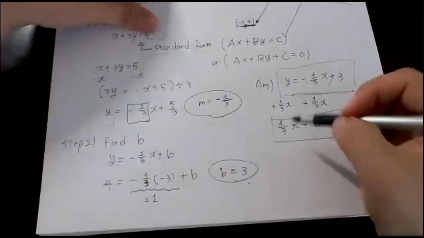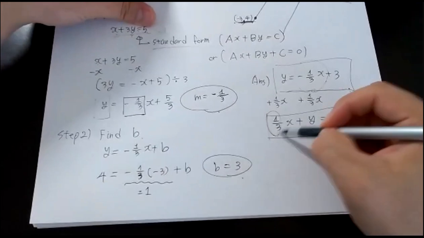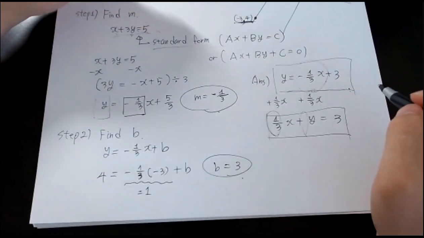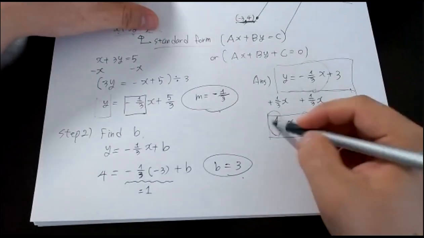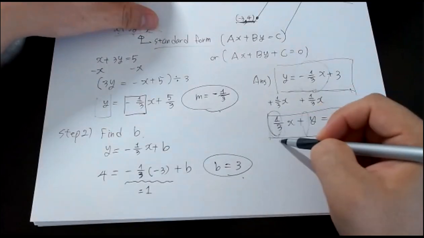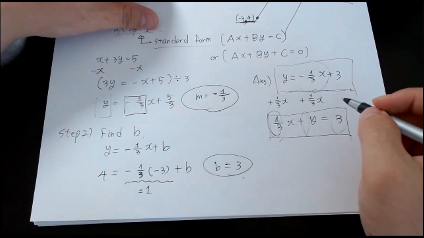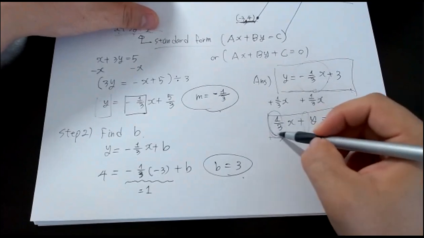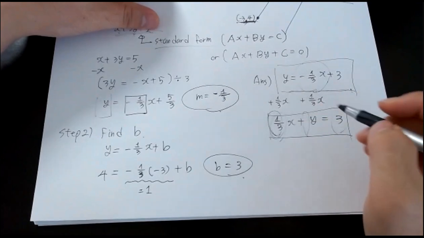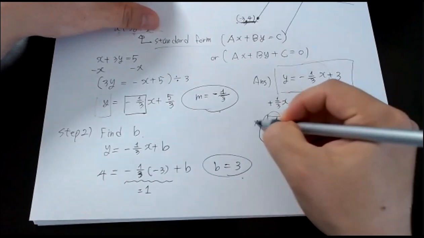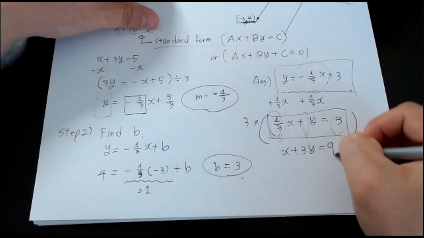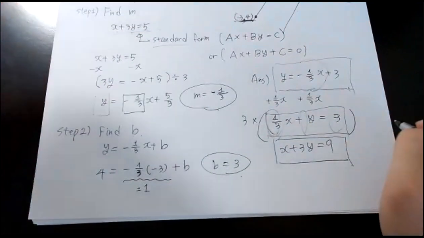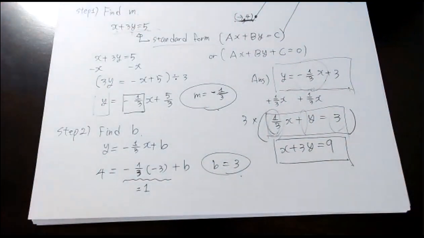The coefficients of x and y and the constant term must be integers. Now 1/3 is a rational number, not an integer, so to make it an integer, we multiply by 3. So we got x plus 3y is equal to 9. That's the answer if a problem asks you to write in standard form using only integers.